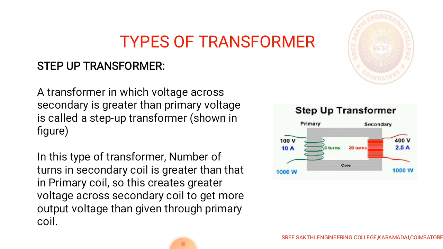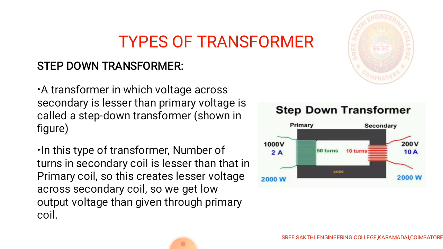Next one is step up transformer. A transformer in which voltage across the secondary is greater than the primary voltage is called a step up transformer. In this type of transformer, number of turns in the secondary coil is greater than that of the primary, so it creates greater voltage across the secondary coil to get more output voltage than the primary coil.